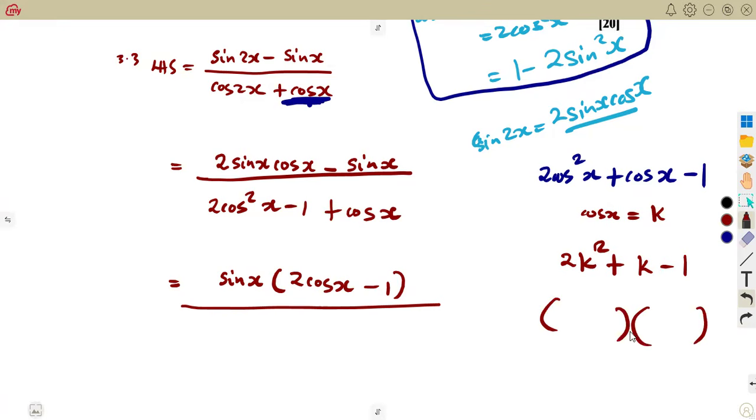You're going to have what? 2 brackets that we are going to have as k plus 1. Another one is going to be 2k minus 1 after factorizing, where our k represents what? The cos. So it was going to be the cos of x plus 1. Another bracket is 2k minus 1. So it's going to be 2 cos of x minus 1.